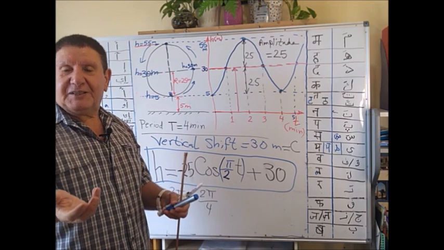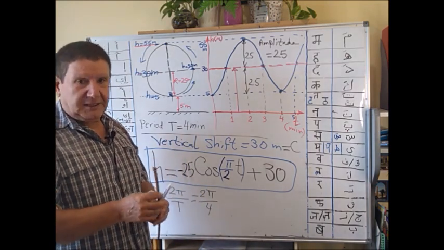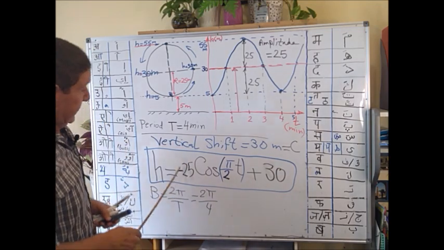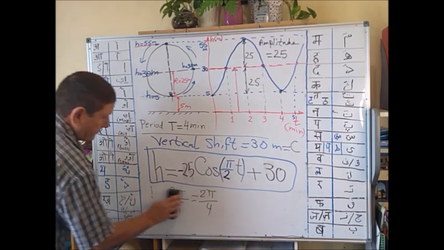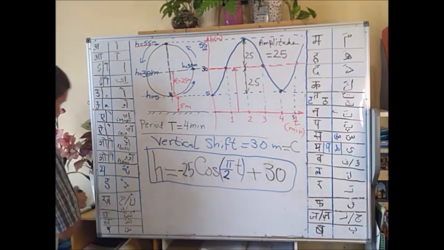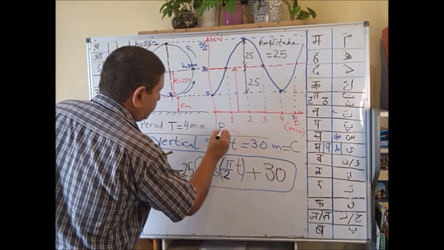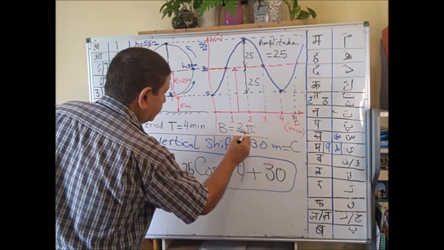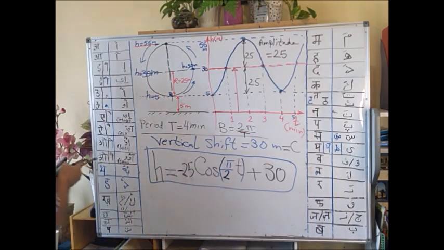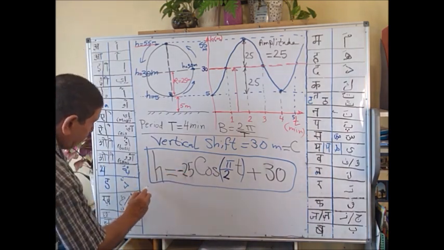But to be satisfied, we have to check and test it. Okay, simple. Let's look at this now. We write it here, B equals 2 pi over T. Let's see. 1 times 0, h of 0. Check.